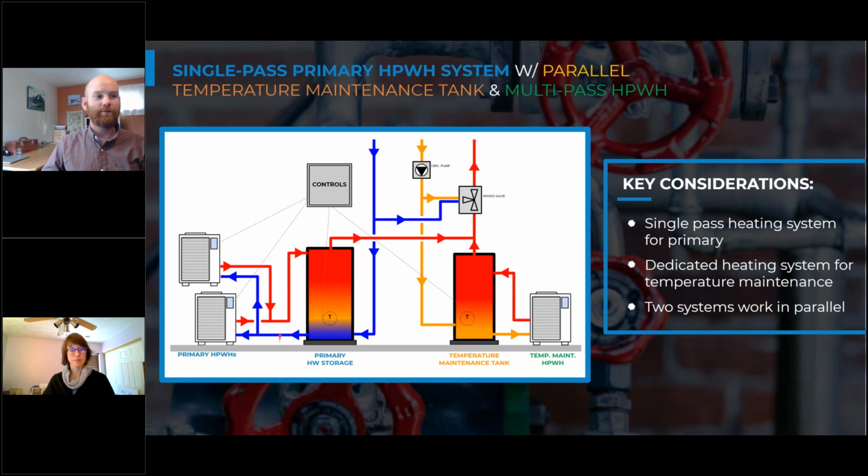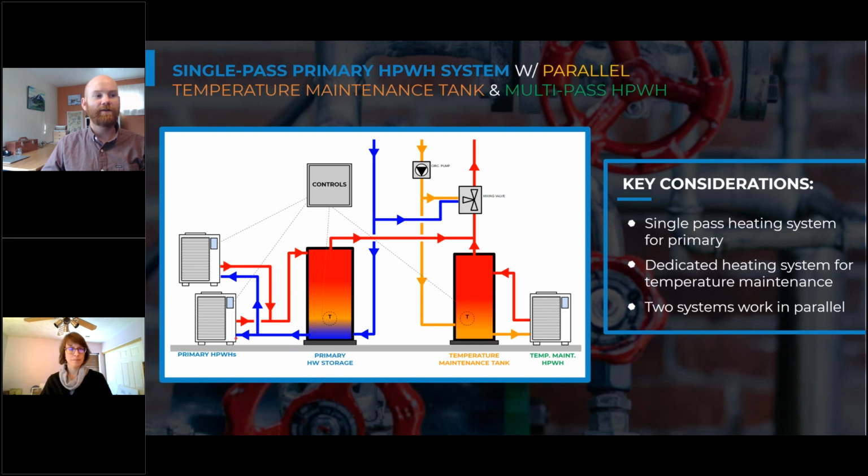If we tee that cold water in and this heat pump water heater is towards the end of its heating cycle, it's going to be pulling water that's closer to maybe 90 to 110 degrees into that heat pump right at the end of its heating cycle. So if we connected a cold water pipe here and we had a significant hot water load, we'd essentially end up pulling a bunch of really cool water into that heat pump water heater.